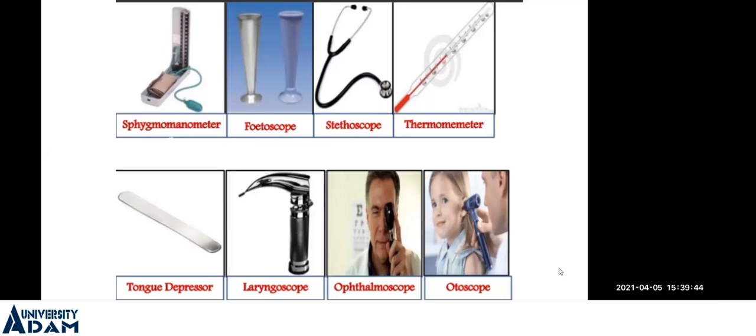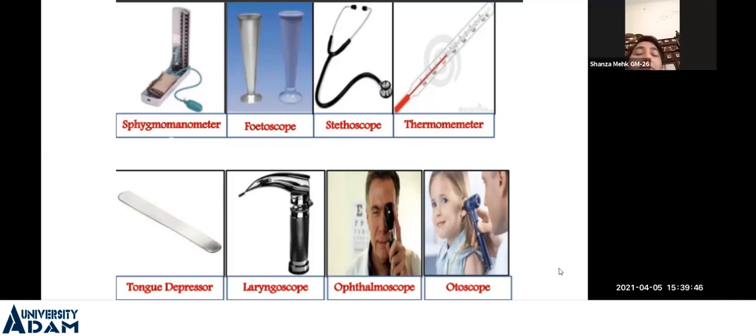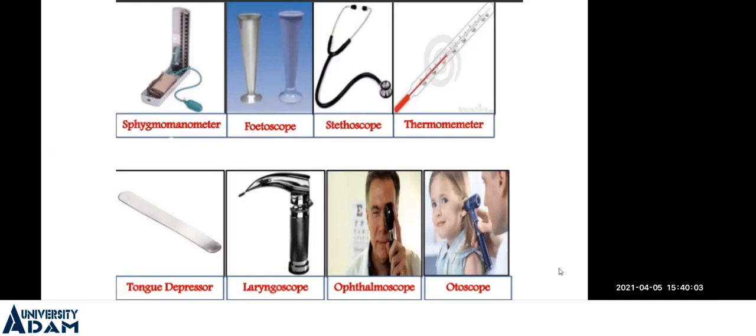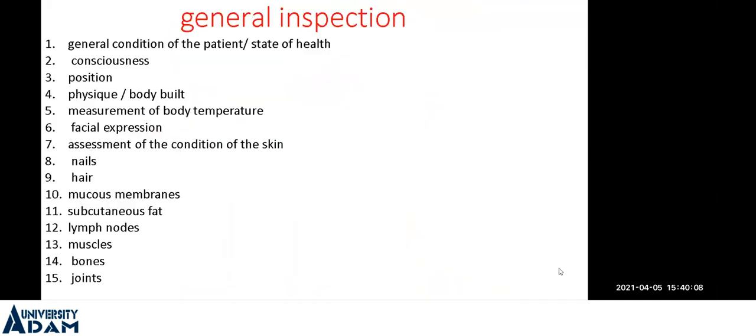And we also check the vital signs, which include temperature, pulse rate, respiration rate, and blood pressure. Okay, thank you so much. Yes, you are right. General inspection consists of the general conditions of the patient's state of health.